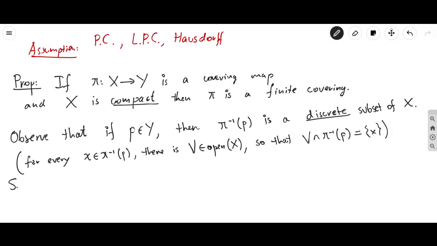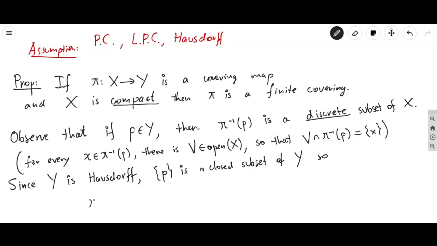Now, since y is Hausdorff, so I guess we need to assume that y is Hausdorff. Well, let's just assume they're both Hausdorff. Since y is Hausdorff, the singleton point set is a closed subset of y.